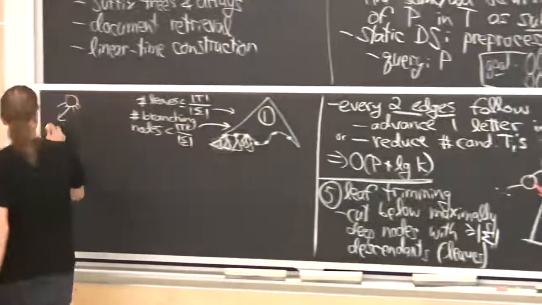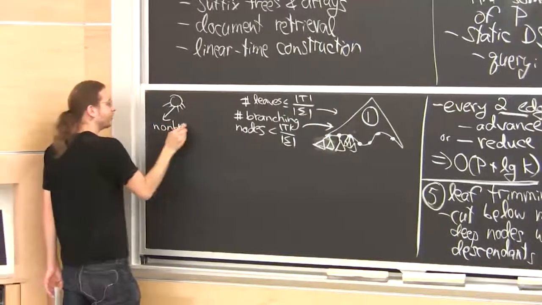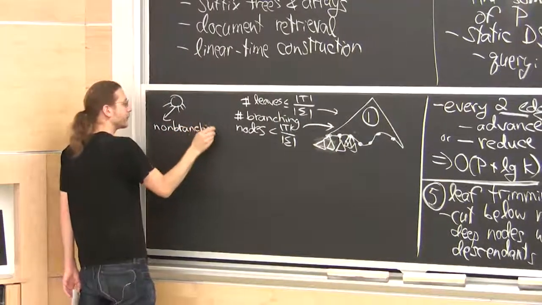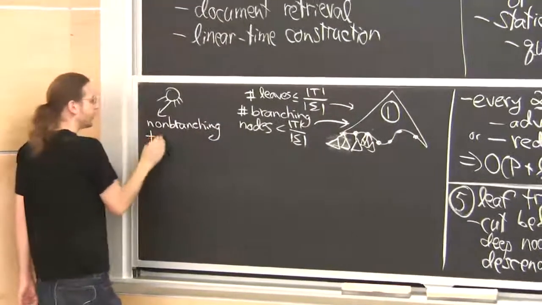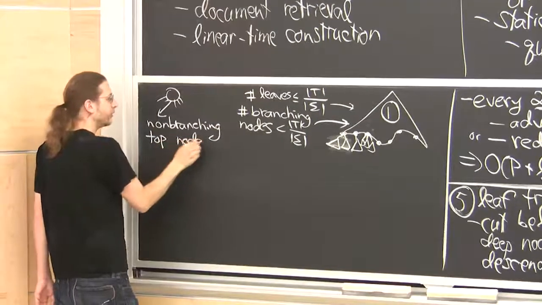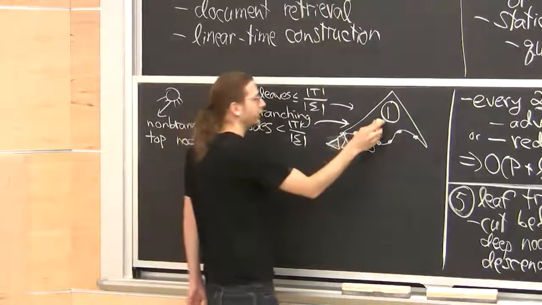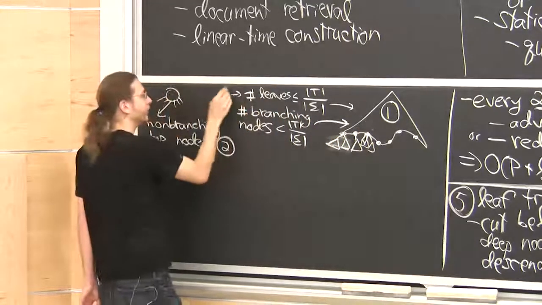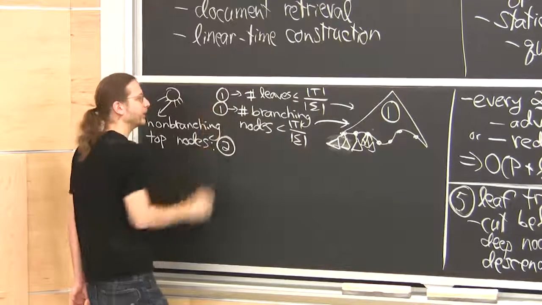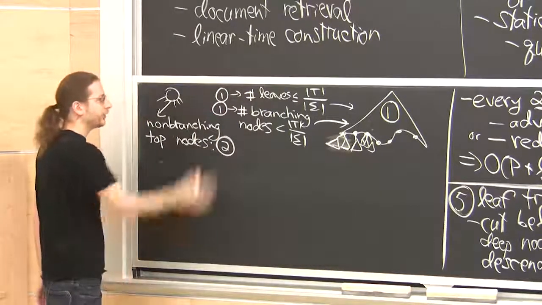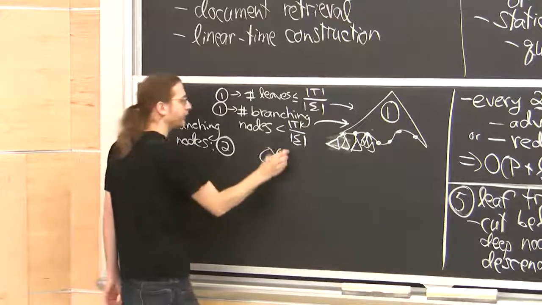Yes or no. So for the non-branching top nodes, I will use method 2. For the leaves and branching nodes, I use method 1. So I can afford all this. This will all take order t space.